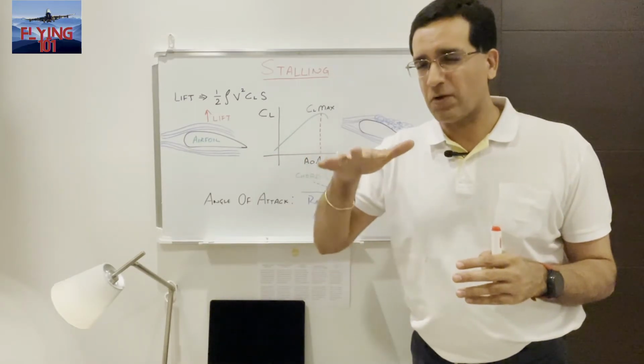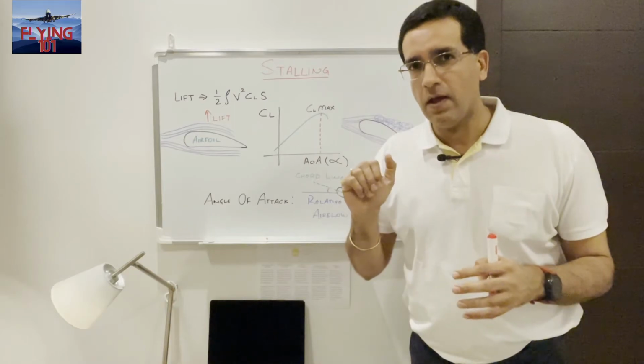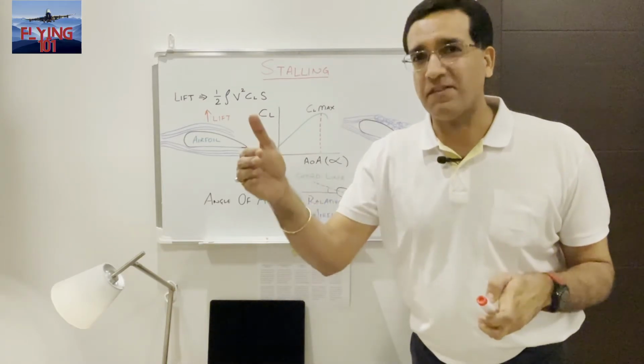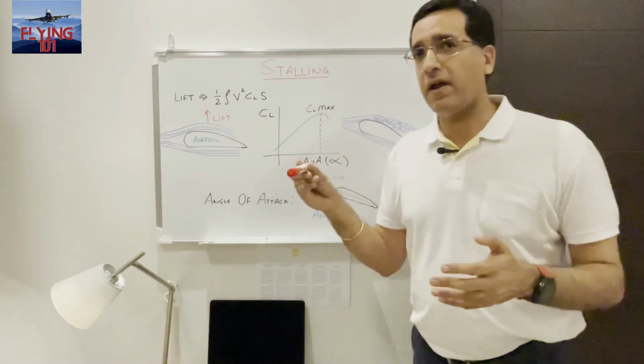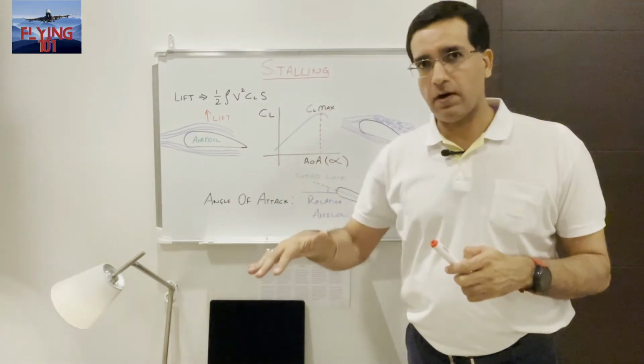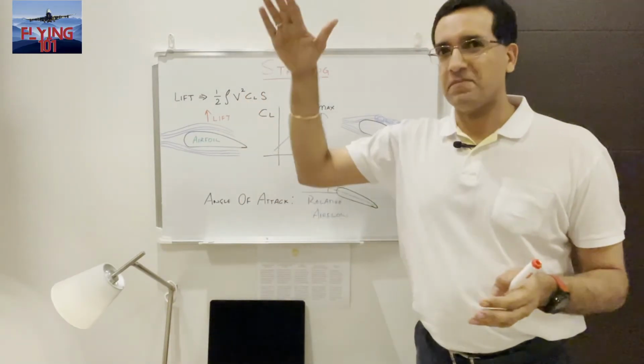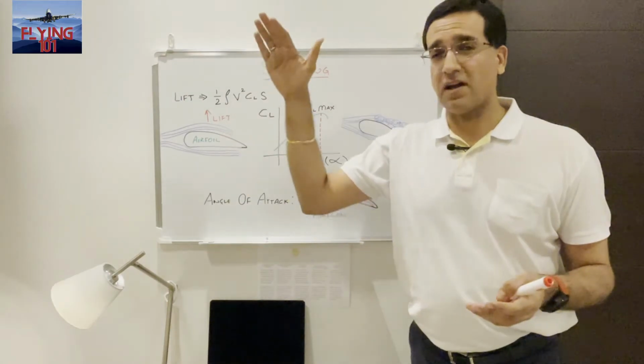When you're talking about buffeting, we're talking about violent shaking of the airframe. So that's a telltale sign of a stall or an impending stall. Now this could be coupled with a loss of height, because remember, if an aircraft is no longer able to generate lift, it's going to start losing height.